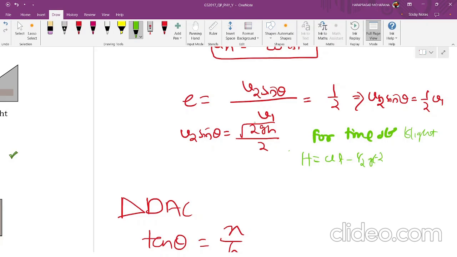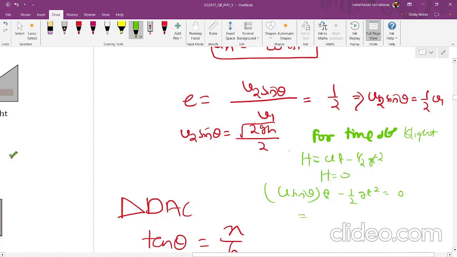The displacement in the y direction is equal to 0, that is h is equal to 0 along the y direction. That means v sine theta into t minus half gt square is equal to 0. If you solve this, you get the value of t as root of h by g.